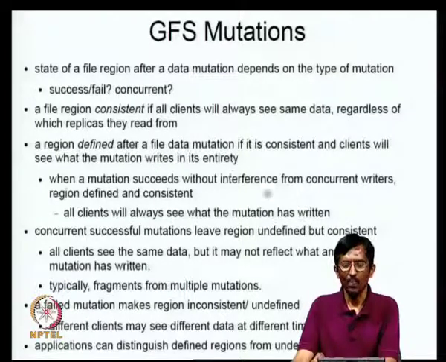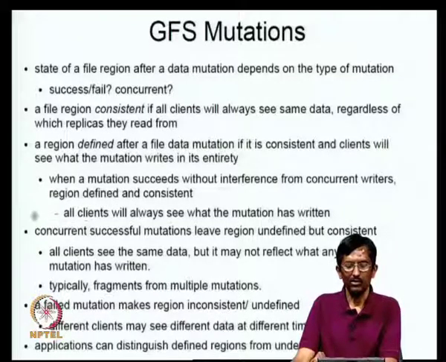For example, when a mutation succeeds without interference from concurrent writers, the region is defined and consistent. Clients see the mutation's write in its entirety, without any breaks. Whereas concurrent successful mutations leave the region undefined but consistent.